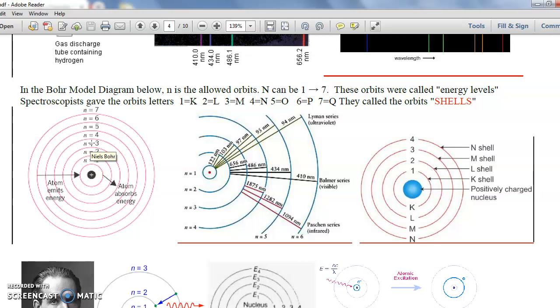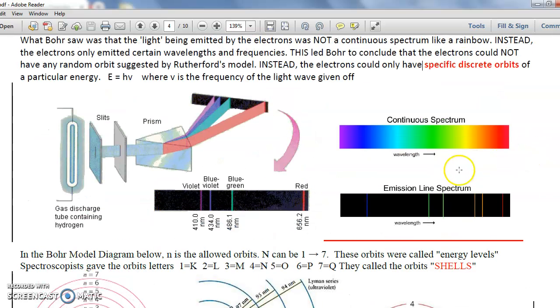The 3d has more energy than the 3p. The 3p has more energy than 3s, and these are the things that Bohr did not know, but which now explain these bright line emission spectra of the larger atoms.